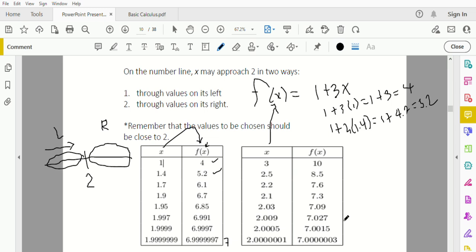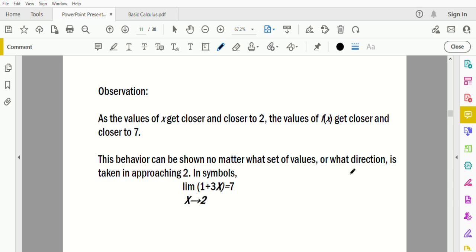Now, let's look at this from the other side, from the right. As x approaches 2 from the right, again, f of x gets closer to 7. So as the values of x get closer and closer to 2, the values of f of x get closer and closer to 7. This behavior can be shown no matter what set of values or what direction is taken in approaching 2.